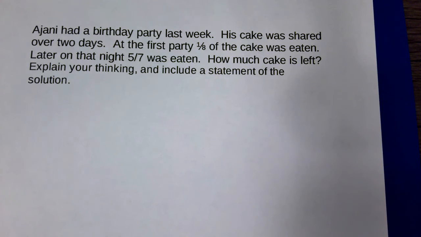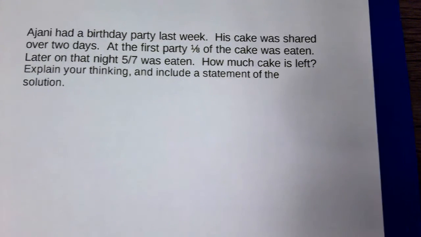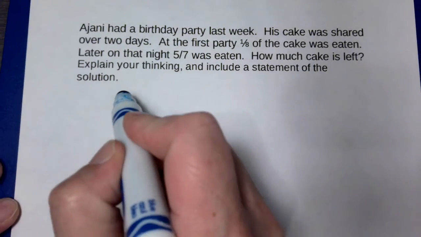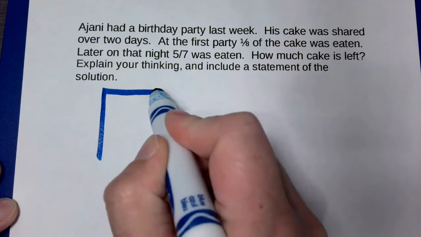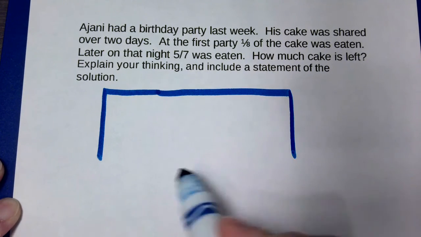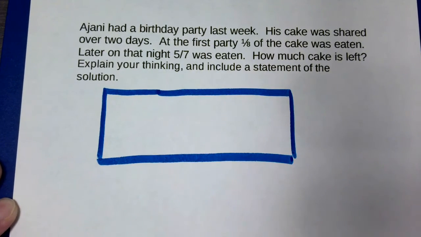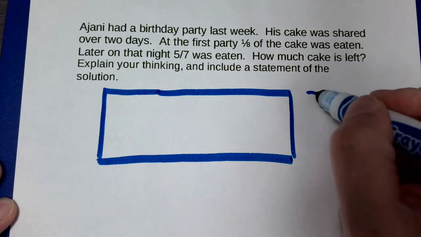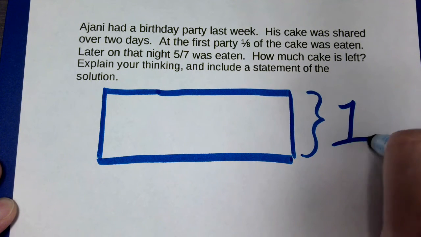Okay, so for a Johnny's question, it's kind of tricky because we don't know exactly where to start. But we know that it is a piece of cake, and the piece of cake is divided up over the course of 2 different times. The whole piece of cake is worth 1 whole.